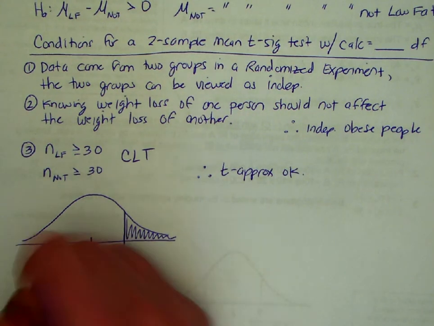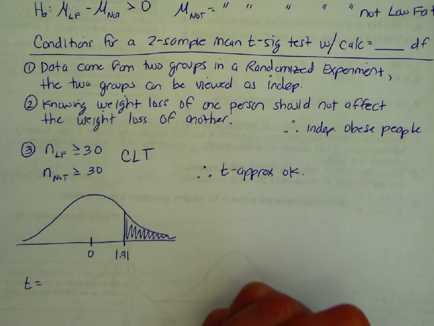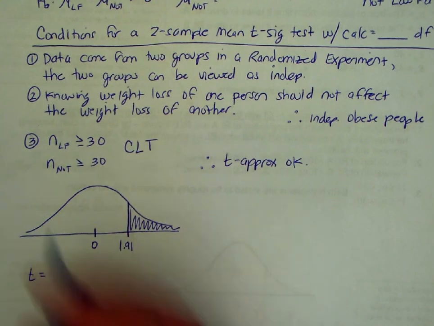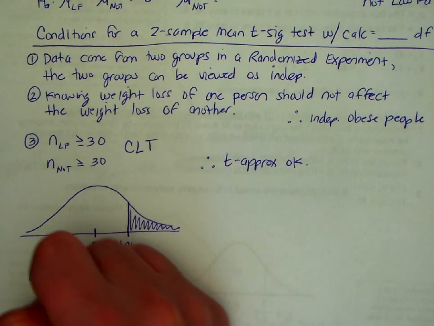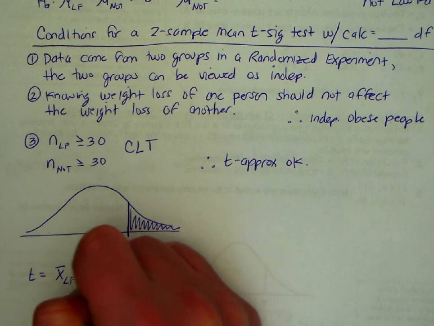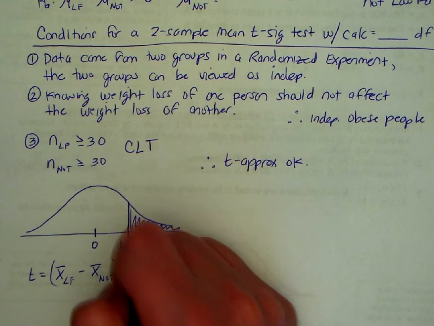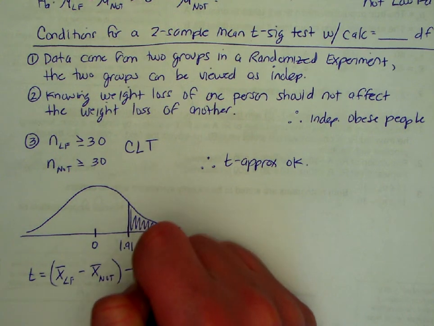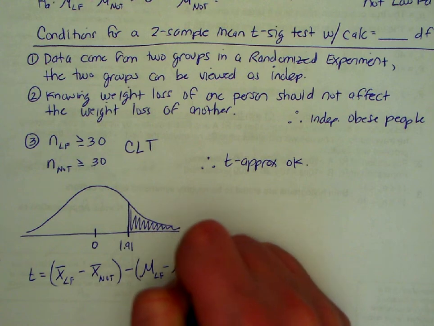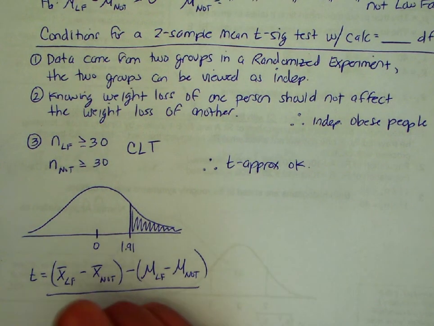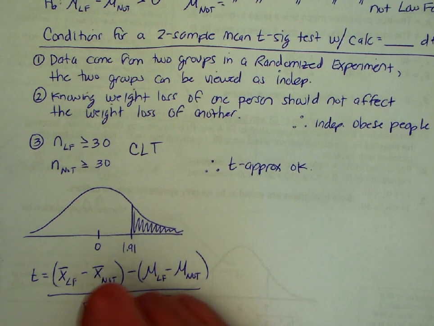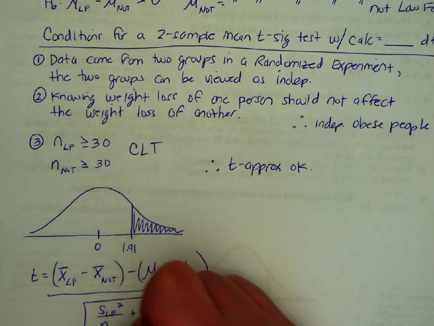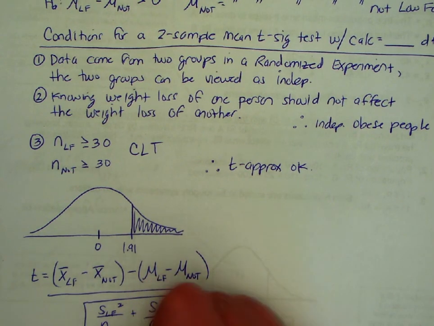So T is equal to the test statistic, which is what you're using, and we'll have X bar of low fat minus X bar of not low fat, minus mu of low fat minus mu of not low fat, divided by the square root of S of low fat squared over N of low fat plus S of not low fat squared over N of not low fat.